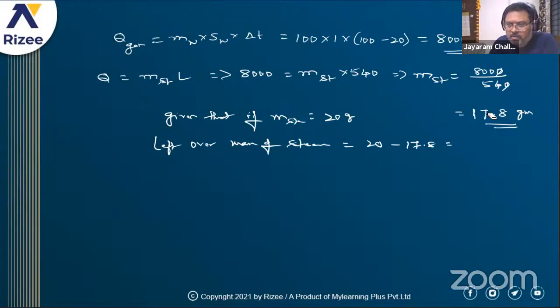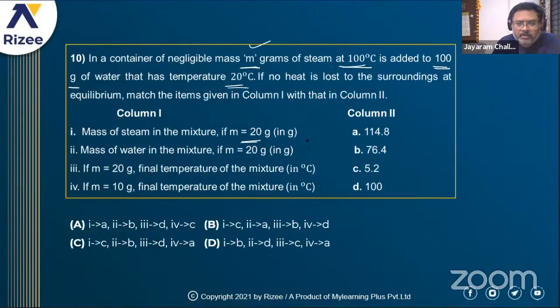So if I remove this, approximately we'll be getting 5.2 grams. So 1 has to be related to C.